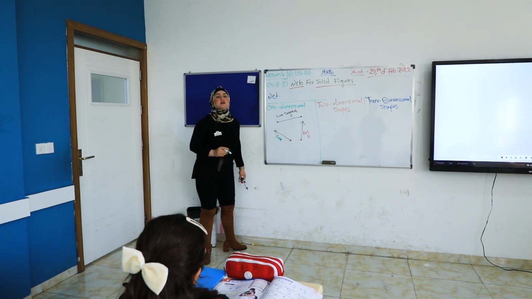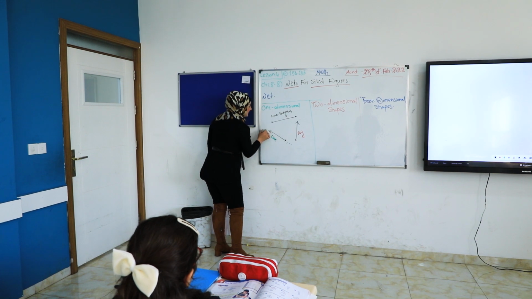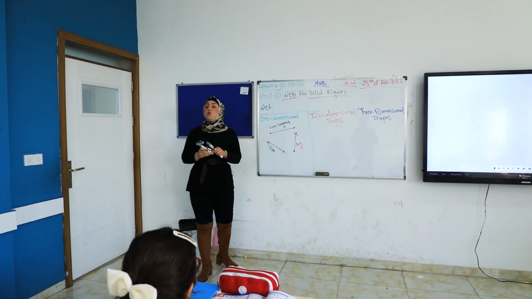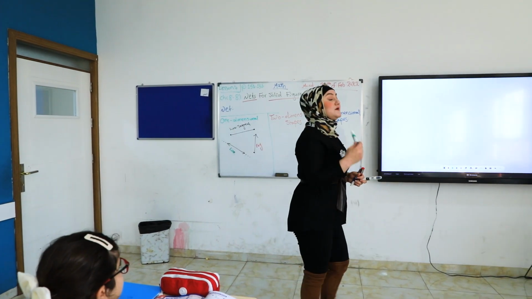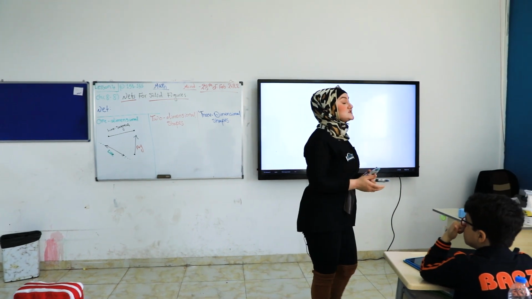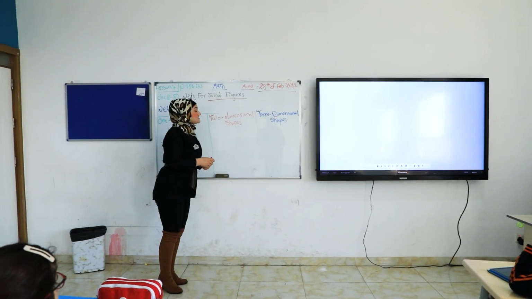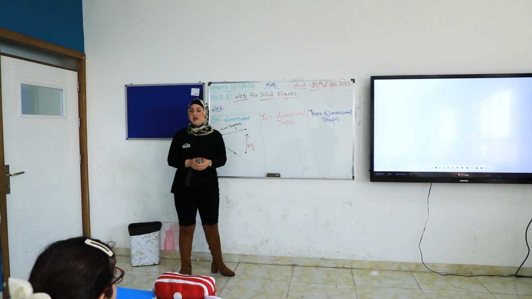Both directions go on and on. What do we call them? One dimension. The line, the ray and line segments are one dimension. Very good. Let's go to the second part, which is two-dimensional shapes.